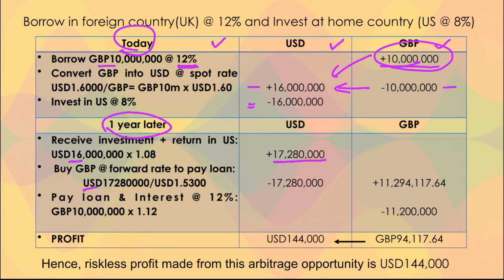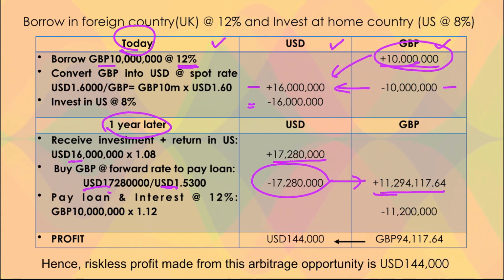So you have to divide 17.28 million by 1.53, and you will get 11.294117 million. Because money goes to UK, we have to minus US dollar.